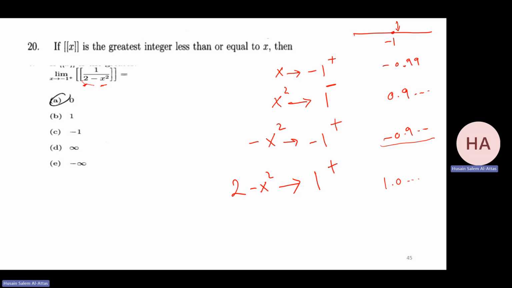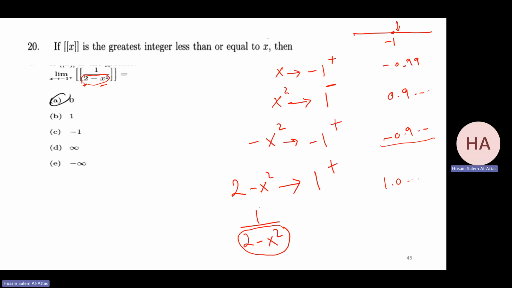Now think about it. The denominator is a value more than 1. So 1 over a value more than 1. This is 1, and this is more than 1.